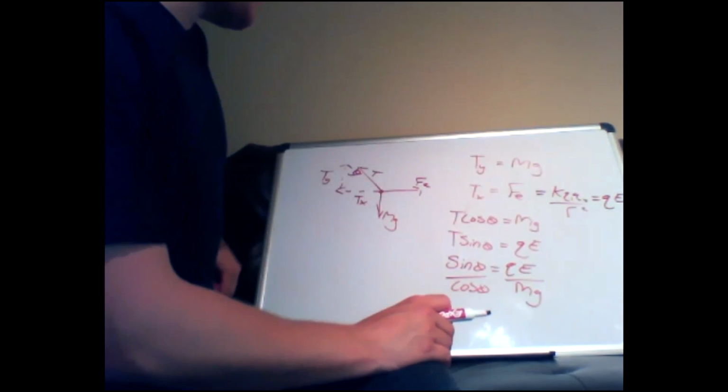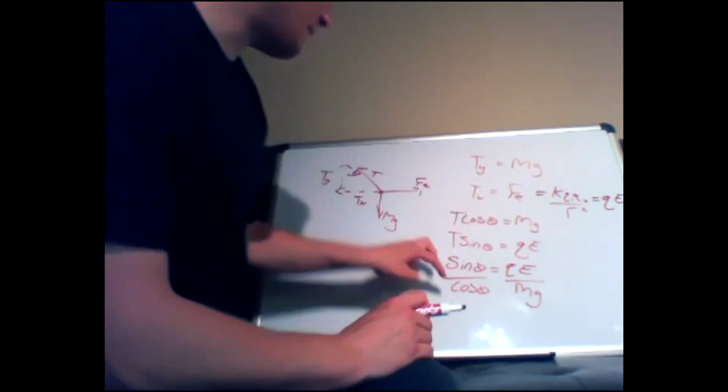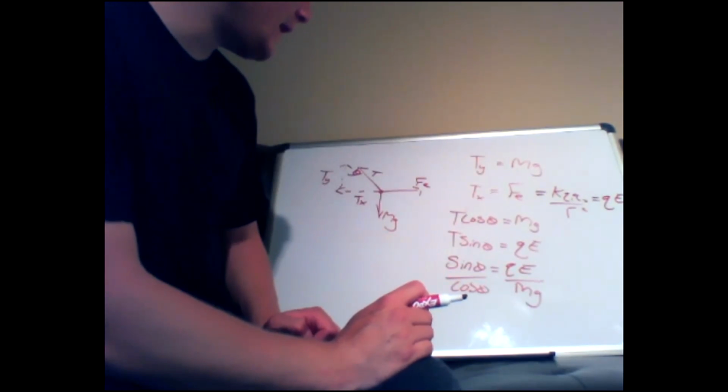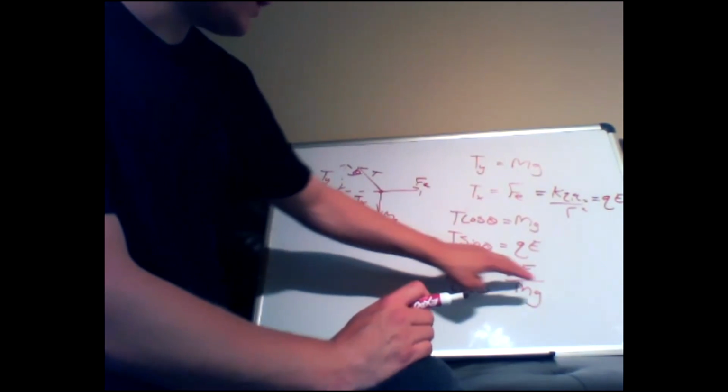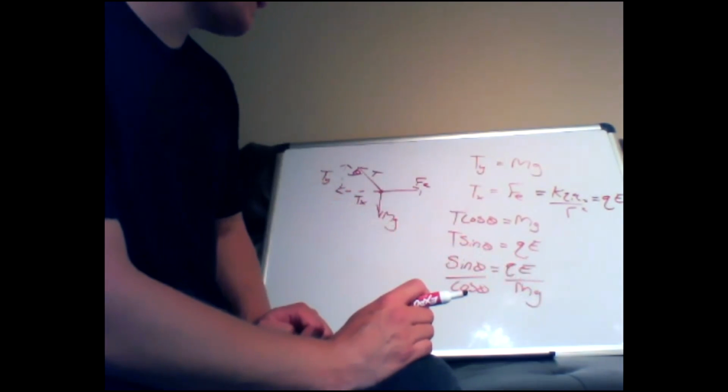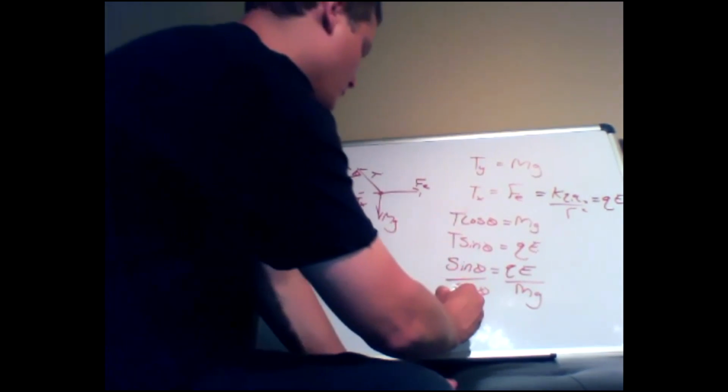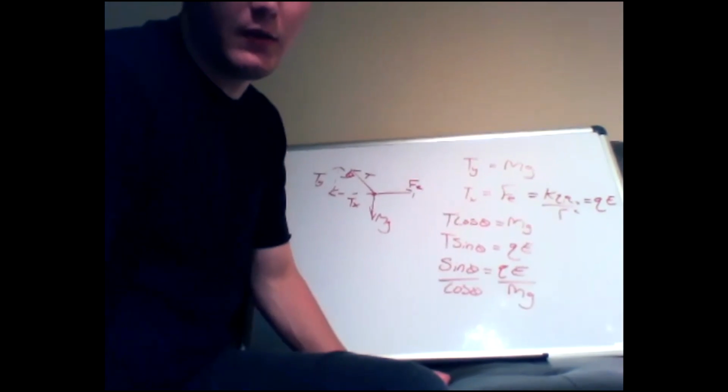I can simplify that a little bit. Sine theta over cosine theta is tangent theta. I can isolate the Q by bringing the mass gravity over here and then dividing through by the electric field. What am I left with?